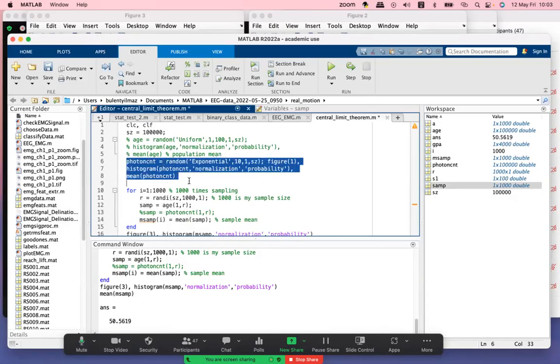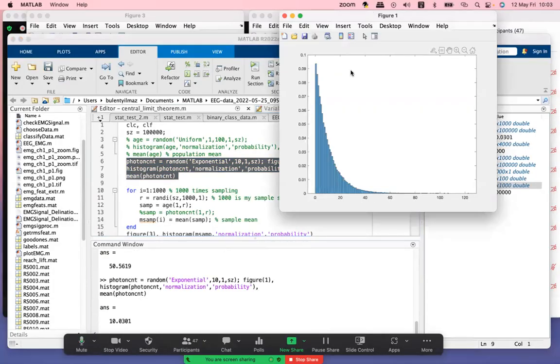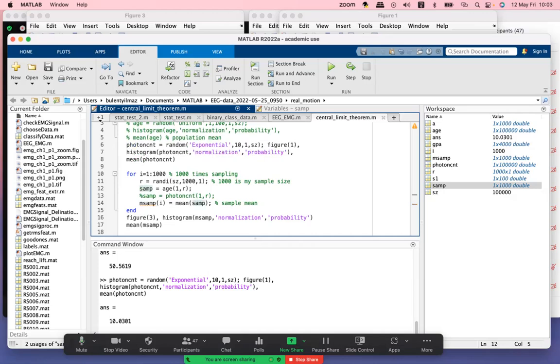Let's see what kind of a distribution it is. You see, this is an exponential distribution. Mean is 10. Expected value is 10. I adjusted it here. Now I'm going to go and find everything for photon count.